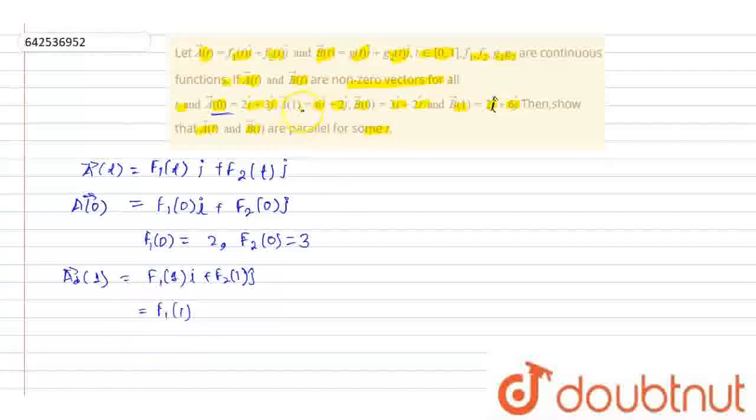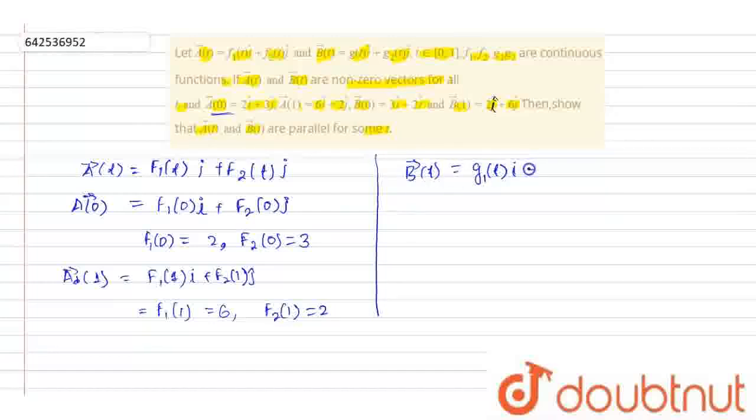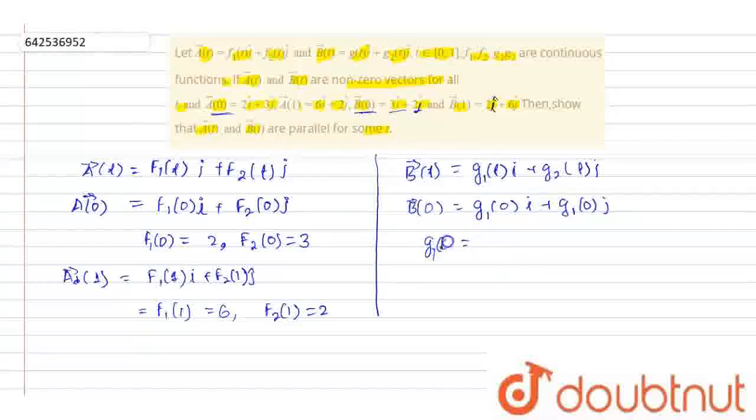Now compare with the equation given: the A(1) value is 6i plus 3j, so we can say that f1(1) is 6 and f2(1) is 3. Similarly, given the vector B(t) is g1(t)i plus g2(t)j, the value of B(0) is g1(0)i plus g2(0)j, which is 3i plus 2j. So g1(0) is 3 and g2(0) is 2.